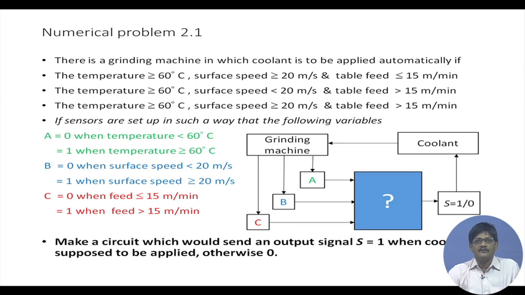The question is, make a circuit which would send an output signal of S equal to 1 when coolant is supposed to be applied, otherwise 0.